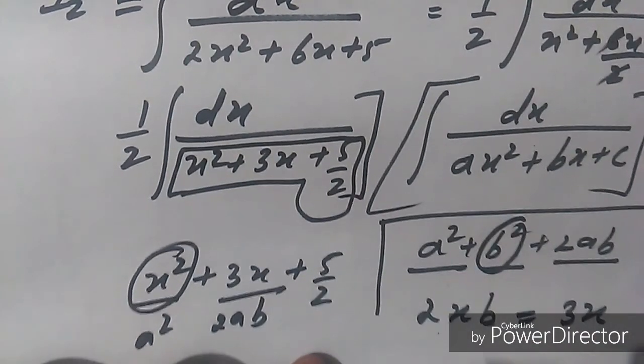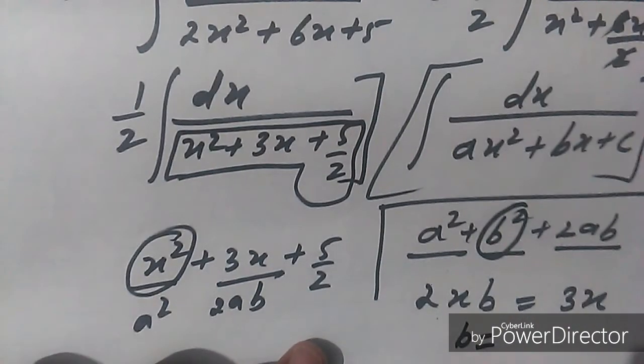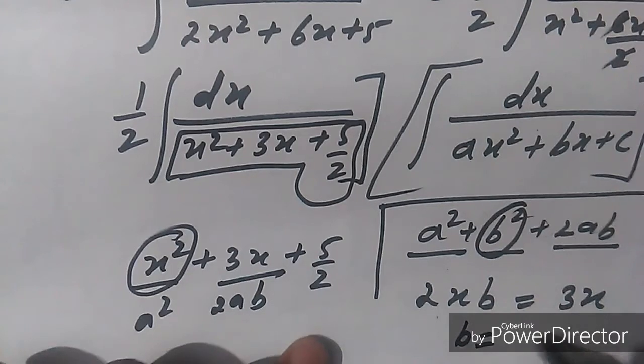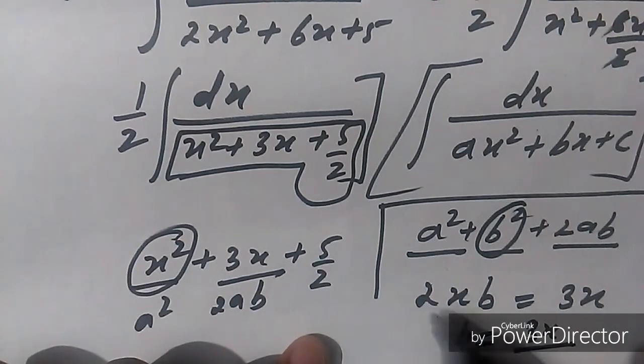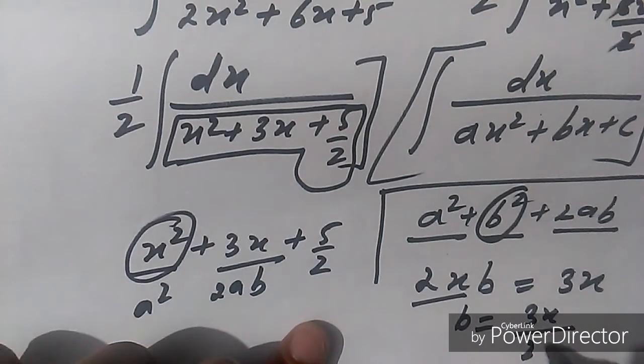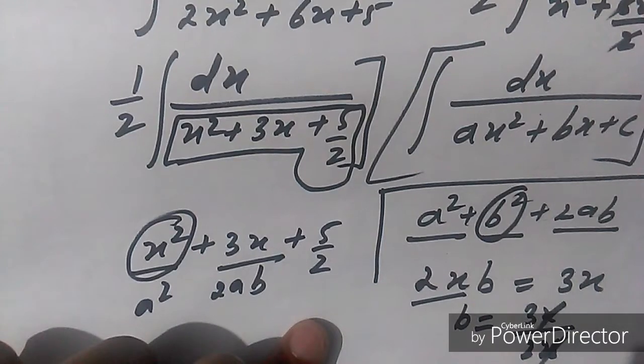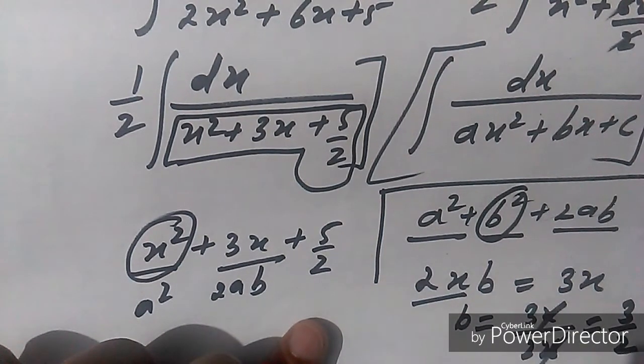Now we find b: b is equal to 3x by 2x, x and x cancel out, and the value of b is 3 by 2.